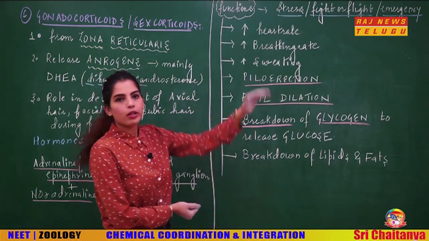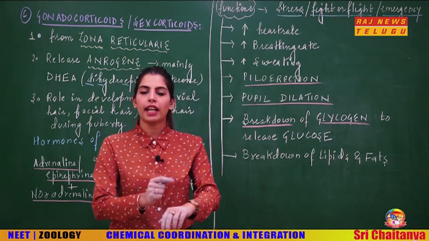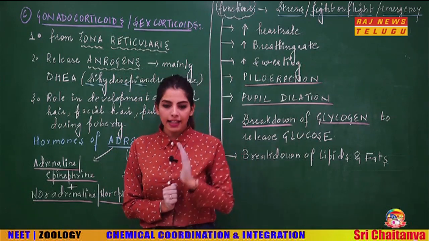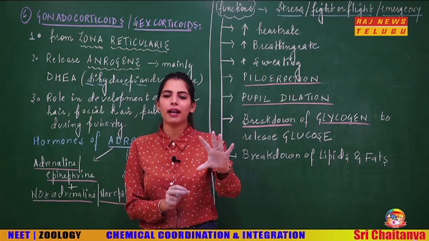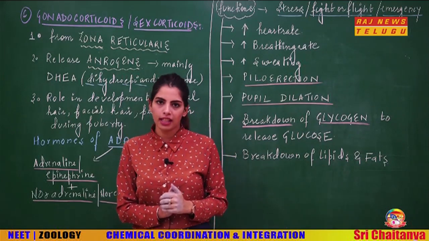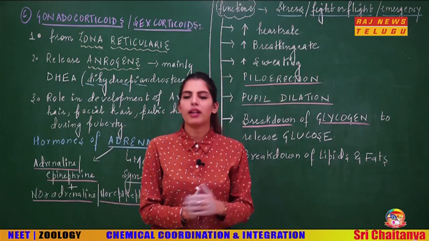So sweating is also increased. Also, there would be hair erection because you're so scared, piloerection is seen. And with a snake coming in front of me, I'm going to dilate my eyes, and dilation of eyes means pupil dilation is also seen once your epinephrine and norepinephrine are working.